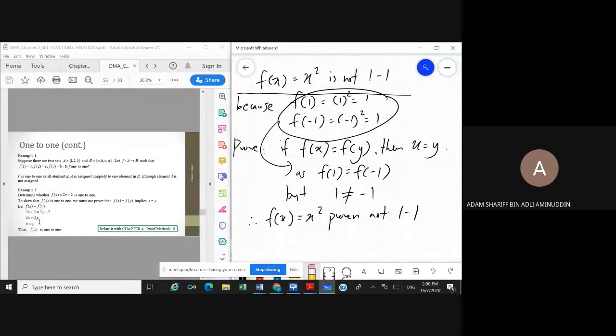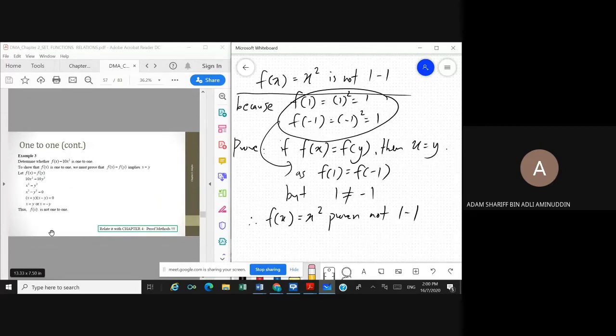You must put in a general statement, hence x and y. For this case, why I put example like this, or we call it precisely as counter example, because it is false. Bila false, when false, you can put counter example. This is false, right? Not. Then you can use counter example. Therefore, this proof has example of 1 and negative 1. For the previous proof of 1 to 1, there is no example of integer berapa tak ada.